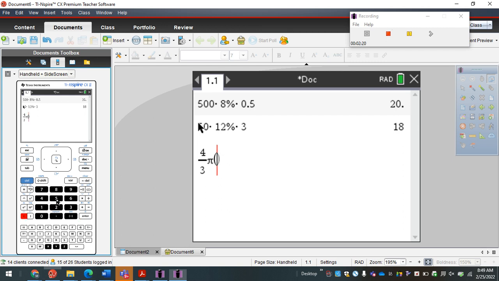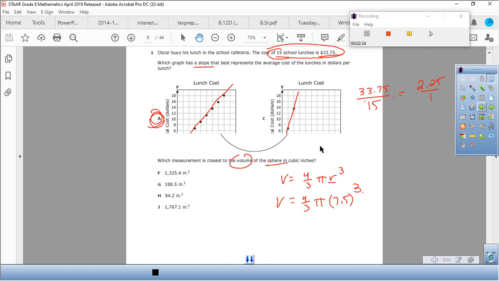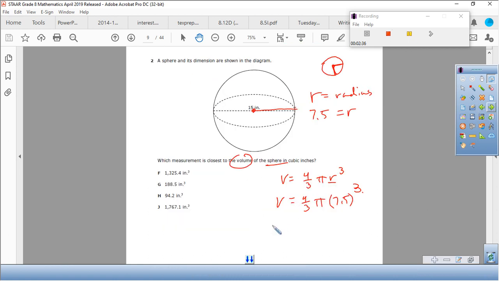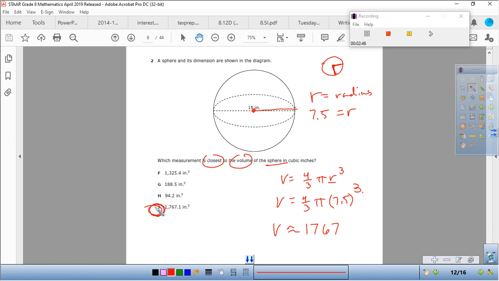I'll put the parentheses as 7.5, and I'm going to cube that, and it gives me about 1,767. So volume is approximately equal, closest, J. Not too bad. Just double read it. Yeah, volume of the sphere, perfect.